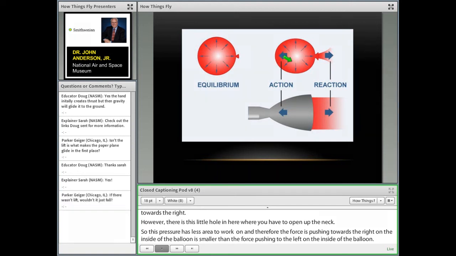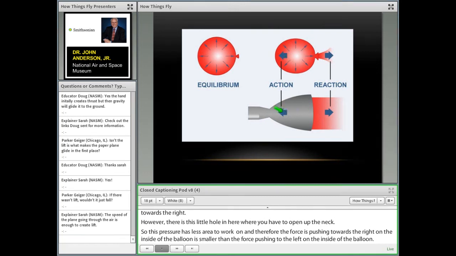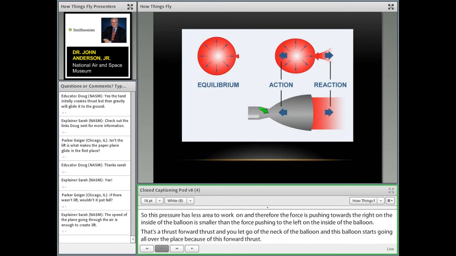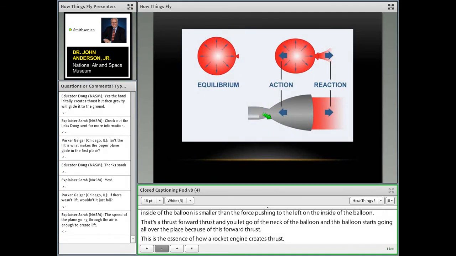Now this is the essence of how a rocket engine creates thrust. Because here, let's go on down to the rocket engine. Inside this rocket engine, we have fuel and oxidizer being burned. There is a pressure distribution exerted all over the internal surface of this engine. The net result of that pressure distribution pushes towards the left.